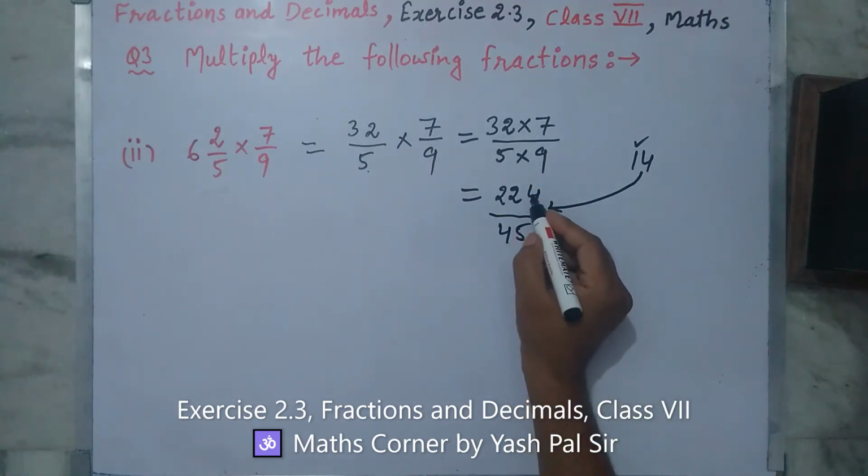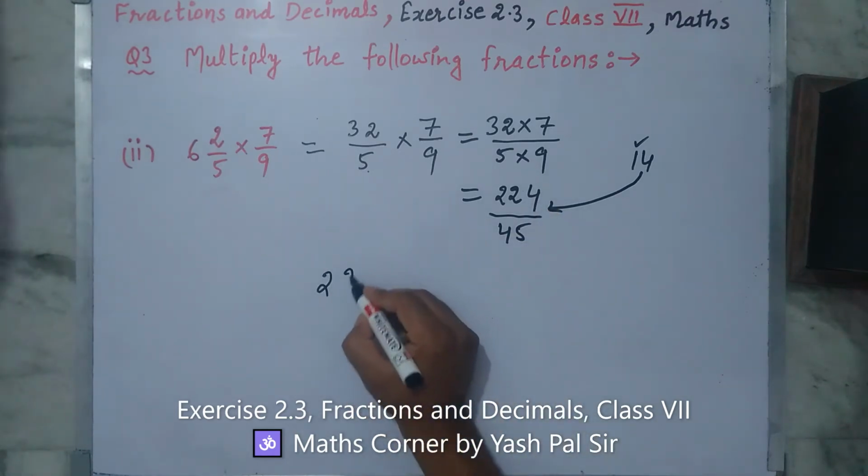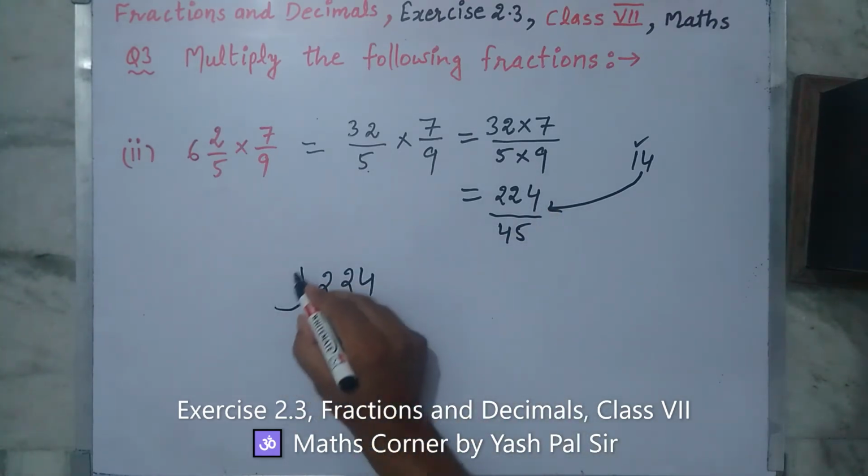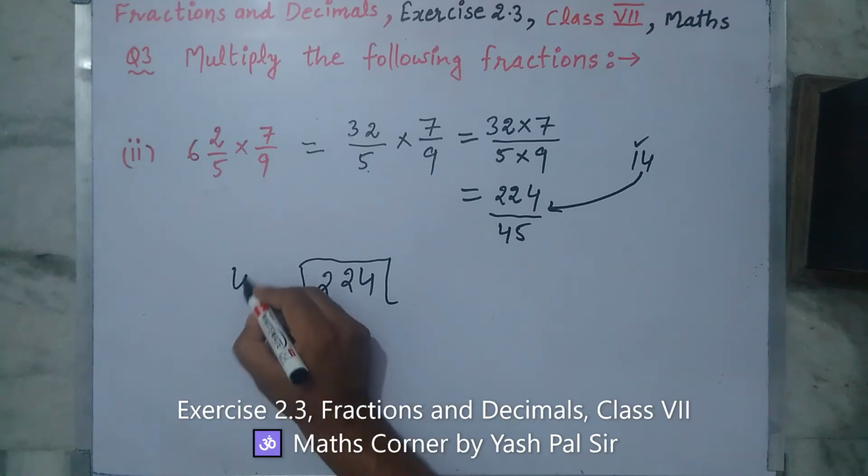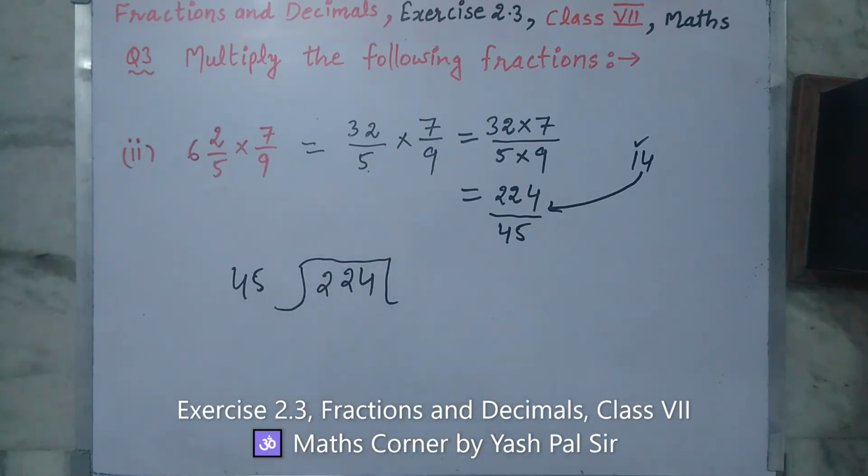So now what are we going to do? 224 divided by 45. So first of all, for 45 into 9: 9 into 5, 45. 9 into 4, 36. 36 plus 4, 40.